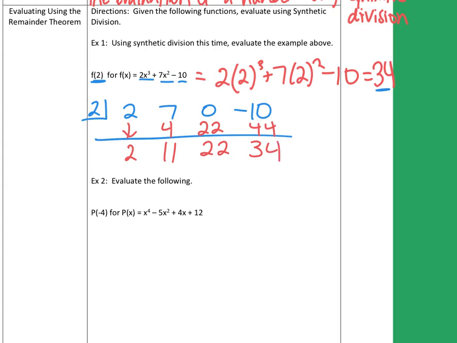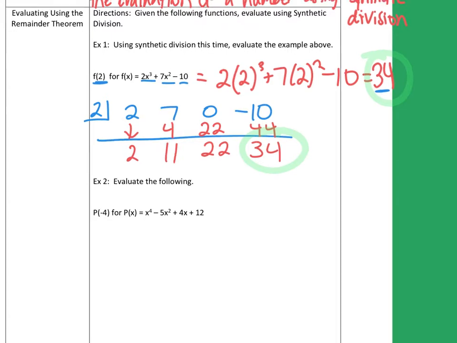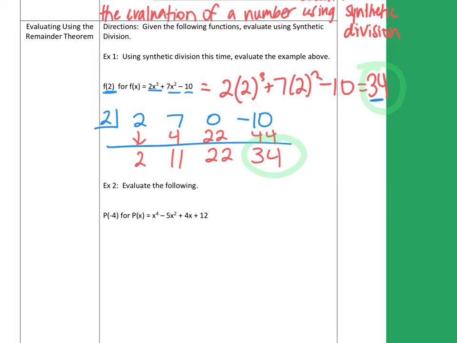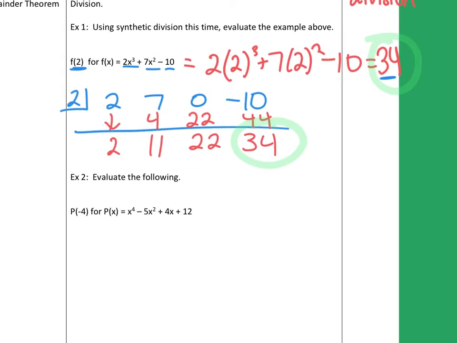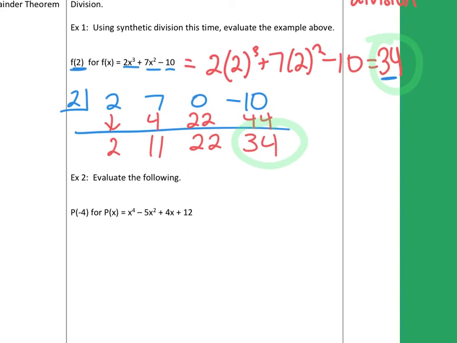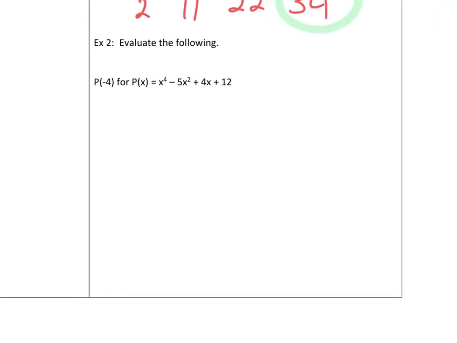Okay, see what I just did here? 34, 34. They match. So that is a way to check your answer too. If you do this correctly, synthetic division should give you the same remainder as if you evaluated this problem for f of 2.